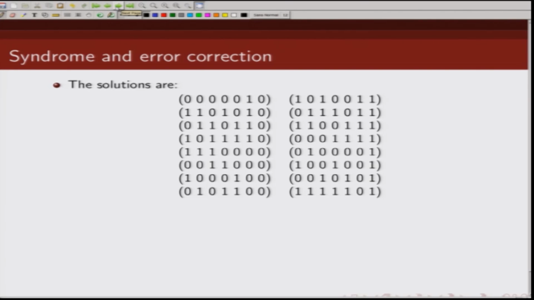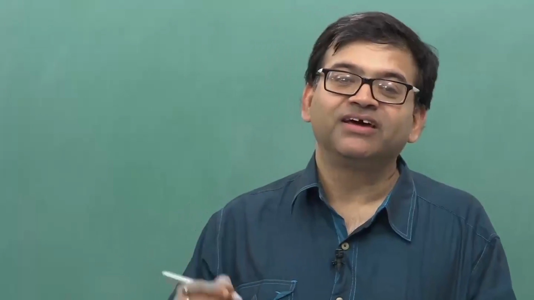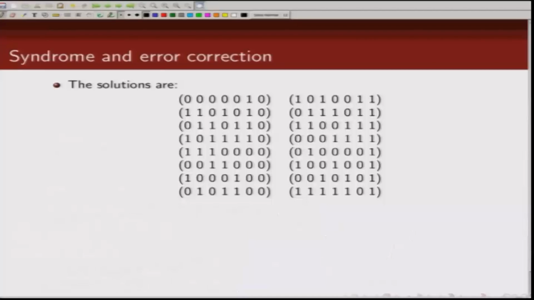And as we said, the maximum likelihood decoding rule for a binary symmetric channel will choose an error pattern that has minimum Hamming weight, which has the minimum number of ones. You can see among these 16 solutions, the one with the minimum number of ones is this. All others have, this has 4 ones, this has 4 ones, this has 5 ones, 3 ones, 2 ones.